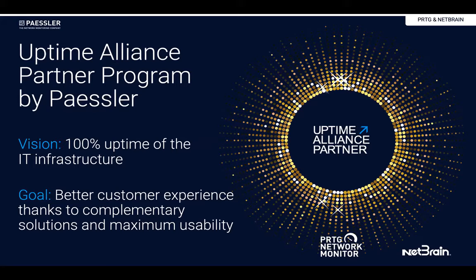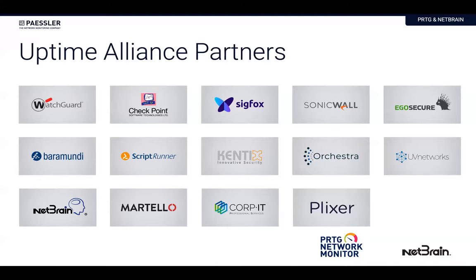With our product, PRTG Network Monitor, we can do a lot. We can monitor everything, but some of the components required for successful uptime and 100% uptime of the IT infrastructure are not included in our product PRTG Network Monitor. That's why we have chosen a line of Uptime Alliance partners, and you may see names well known to you.